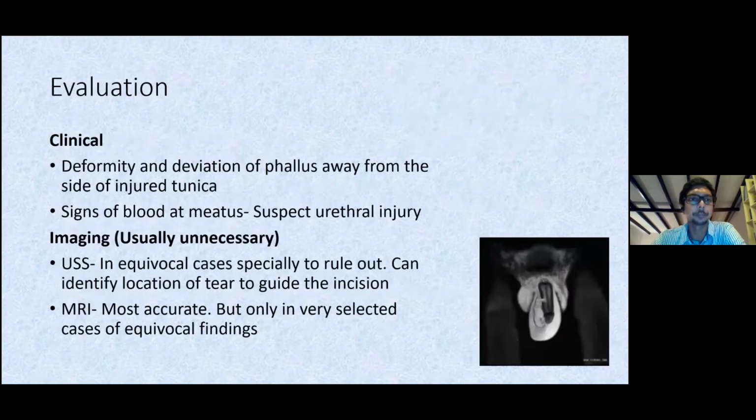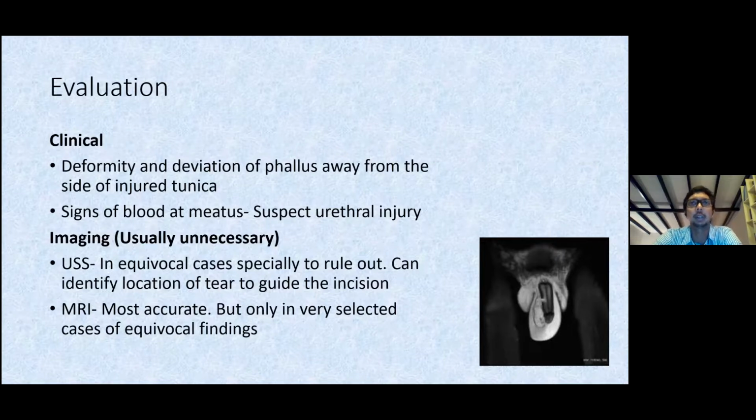Evaluation is mainly clinical, looking at the deformity and deviation of the phallus, and importantly, we have to think of concomitant urethral injury, so look for blood at the meatus. Regarding imaging, ultrasound scan is not absolutely necessary for diagnosis because the classic history and examination findings will direct towards the diagnosis.